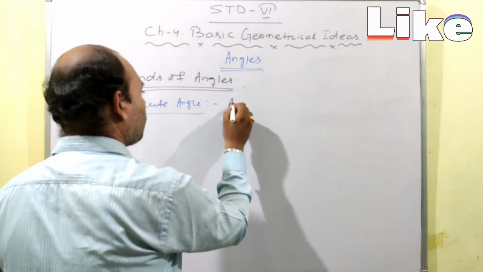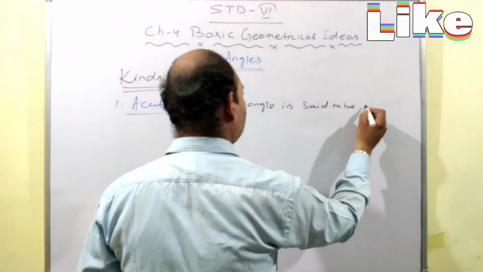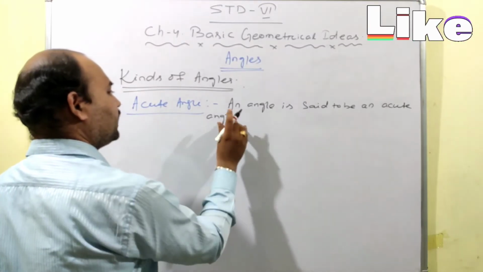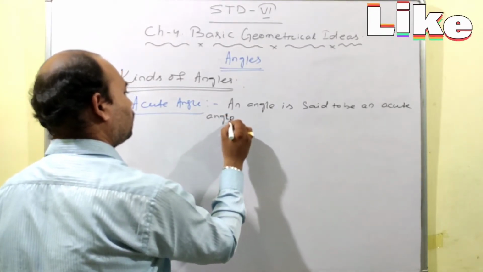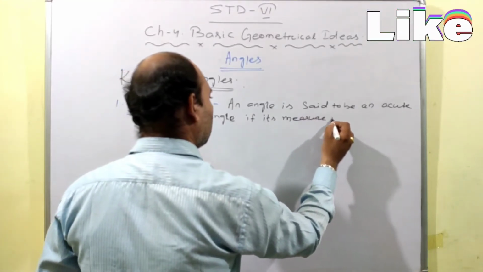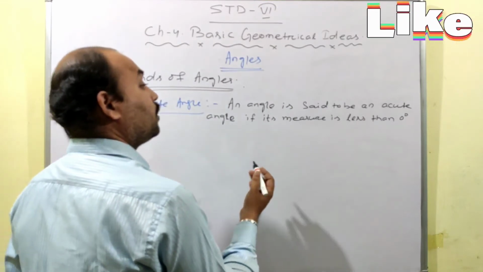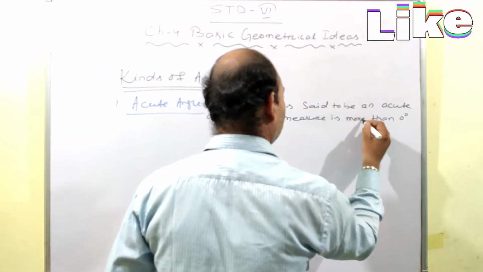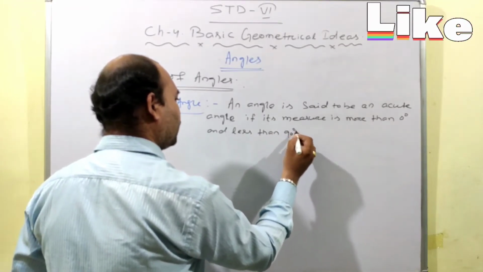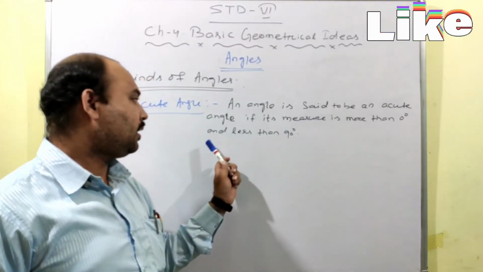So an angle is said to be an acute angle if its measure is more than 0 degrees and less than 90 degrees. Okay?